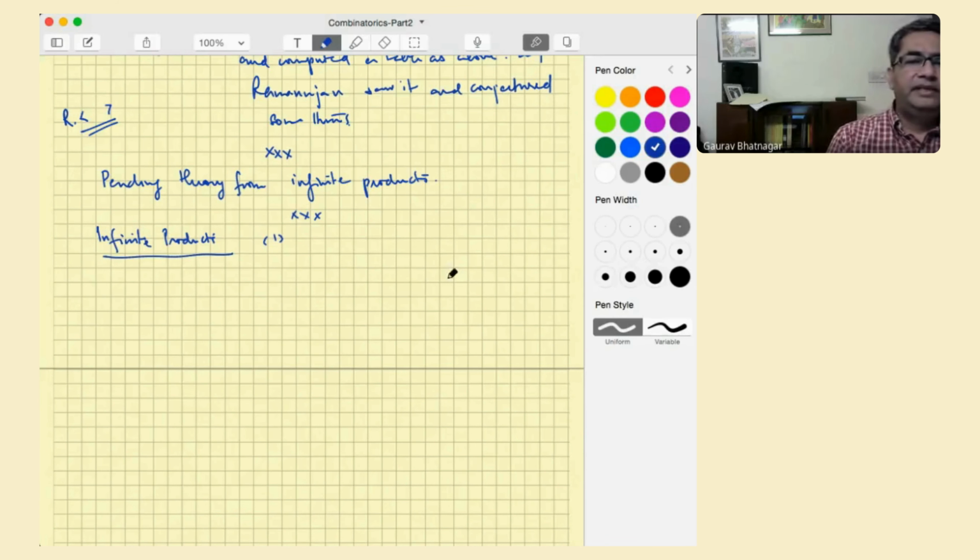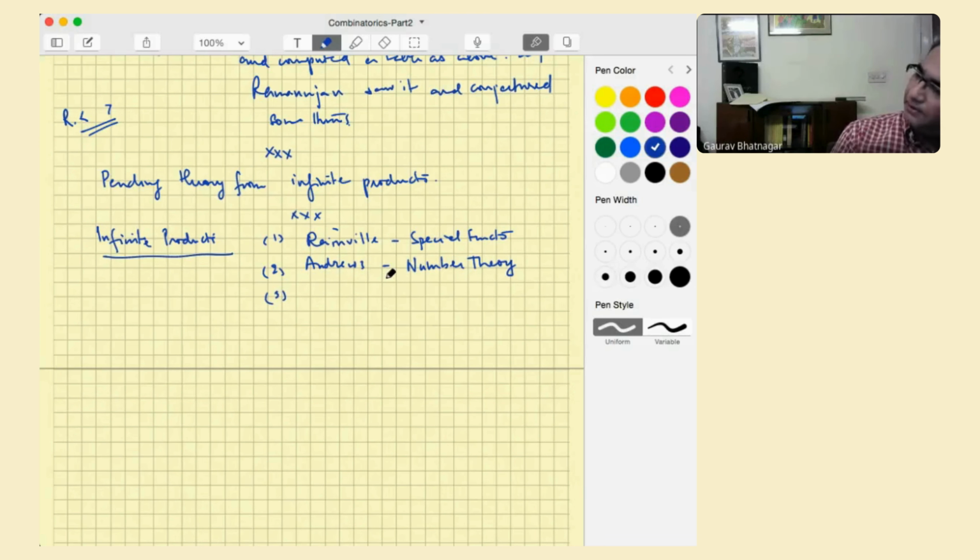There is a book by Rainville. This is special functions. Then there is a book by Andrews. This is called number theory. This has a nice appendix. So Andrews is the leading expert in the world of partitions.